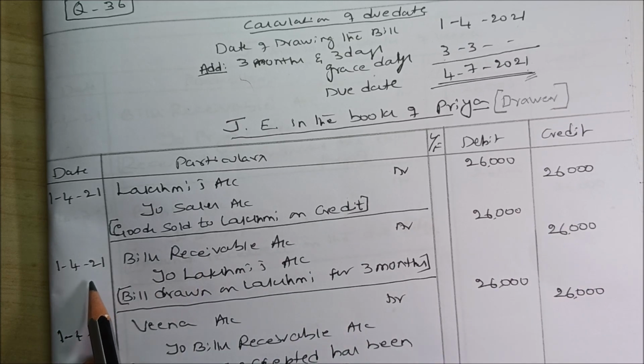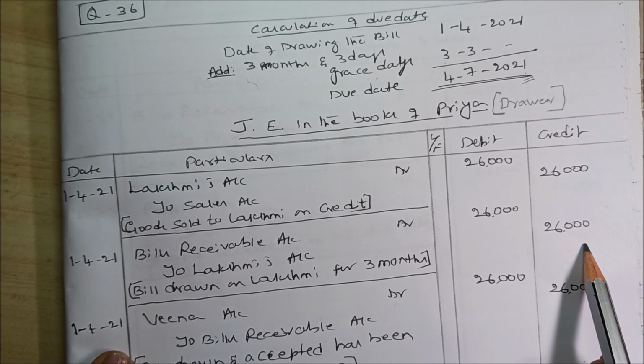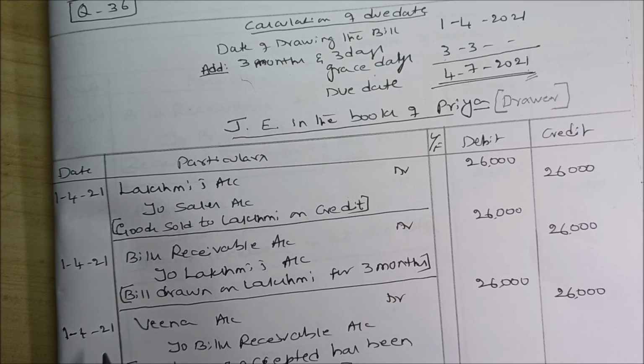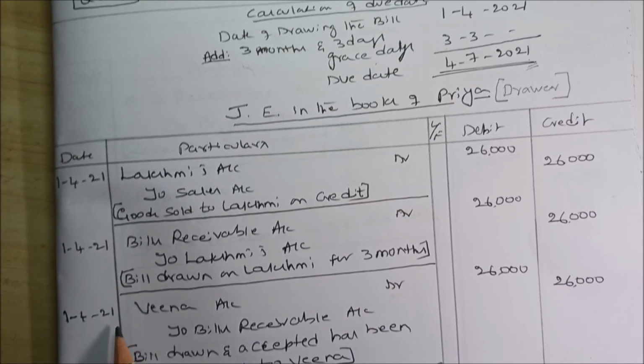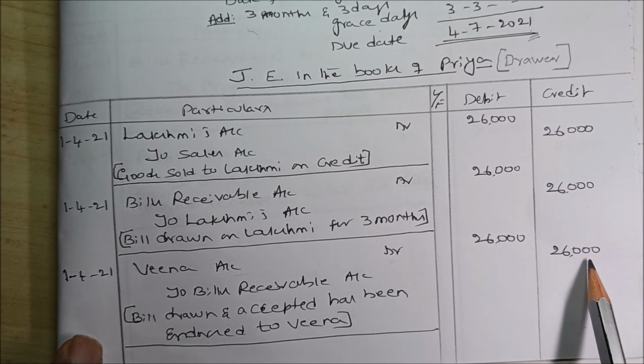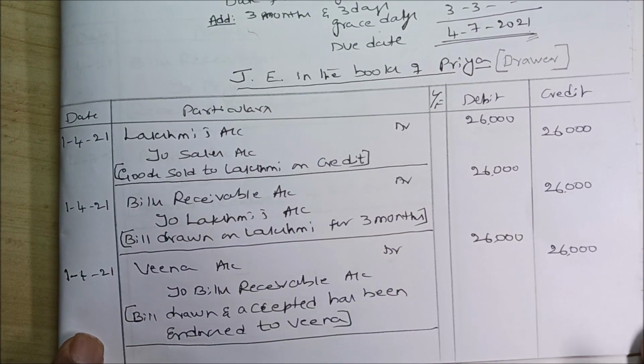Same date you have drawn a bill, bills receivable account debtor to Lakshmi's account 26,000. Bill drawn on Lakshmi for 3 months. On the day it has been accepted and endorsed to Veena, 1/4/21, Veena's account debtor to bills receivable account 26,000. Bill drawn and accepted has been endorsed to Veena. Now, journal entries in the books of Priya is over.